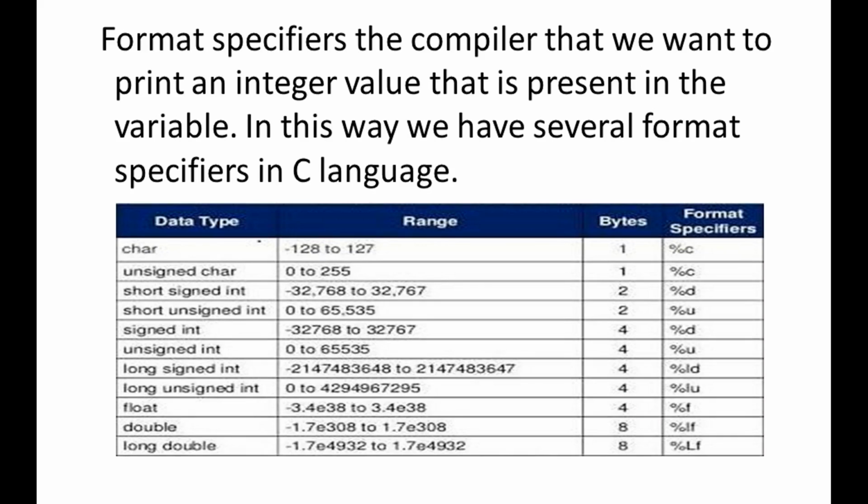The basic thing about a format specifier is that it tells the compiler which type of variable I am going to print with the help of the print function, or which type of variable we are going to take from the user. It depends on that. If I'm writing %d, you cannot take a double value or a float value. It will accept only an integer value. Okay.